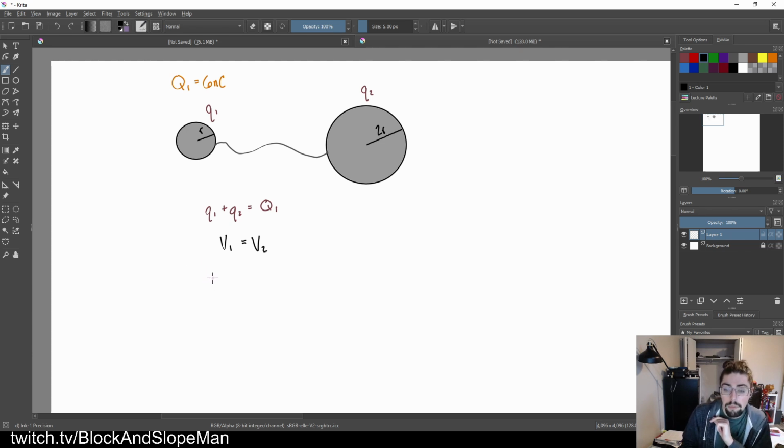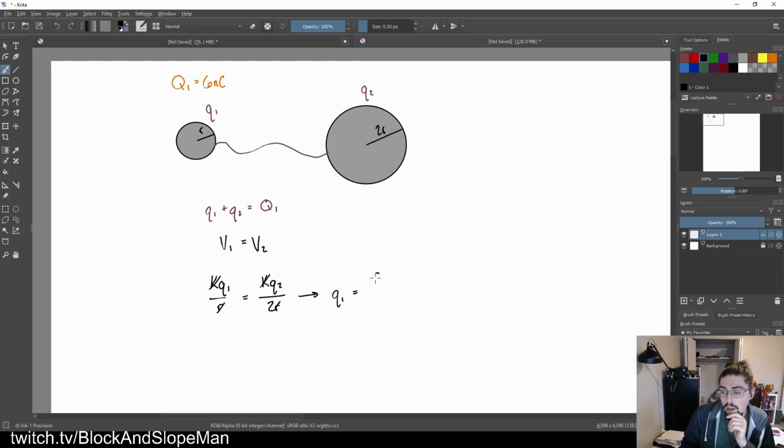That is to say, the potential is equal to kQ1 over R for sphere 1, and kQ2 over 2R for sphere 2, because I'm looking at the potential on the surface, right at that distance away from the center. So from there, I'm going to cancel out the k's, cancel out the R's.